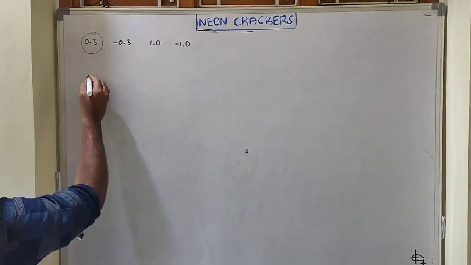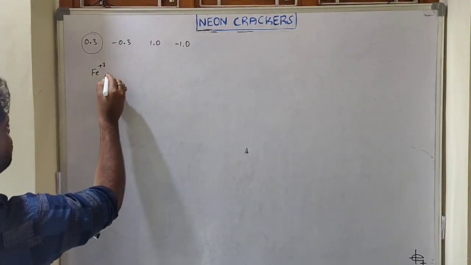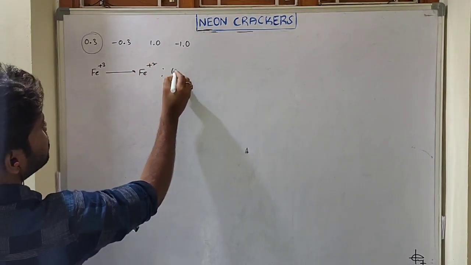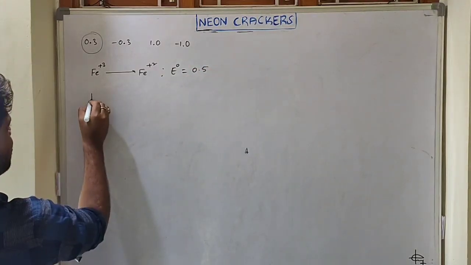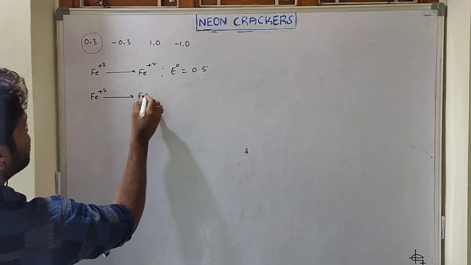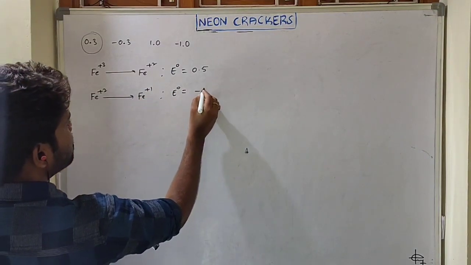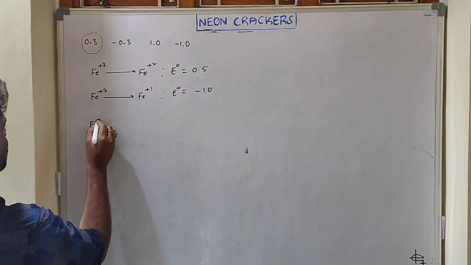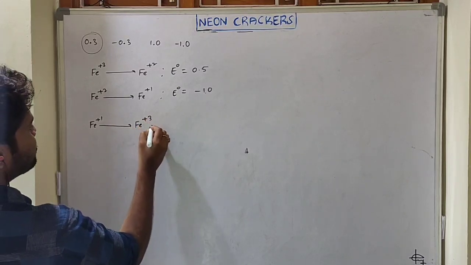So, suppose two equations are given: Fe3+ to Fe2+ with some potential value, let's suppose 0.5, and Fe2+ to Fe+ with some potential value, minus 1.0. Now what is the potential of Fe+ to Fe3+? How to do this question? Without doing it the lengthy way, we actually have to work based on the delta G equation.